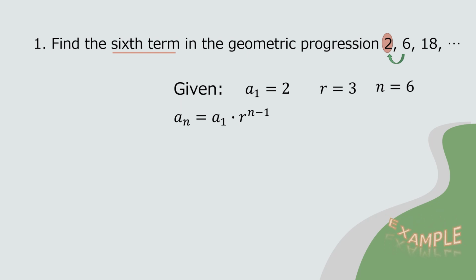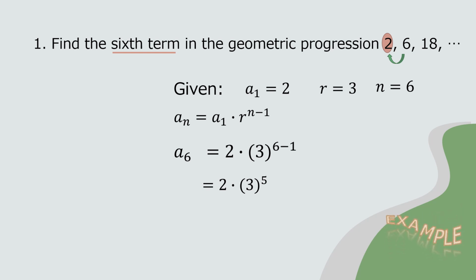So using the formula of a geometric sequence, a sub n is equal to a sub 1 times r to the n minus 1, substitute the given values in the nth term formula. So we have a sub 6 is equal to 2 times 3 raised to 6 minus 1.